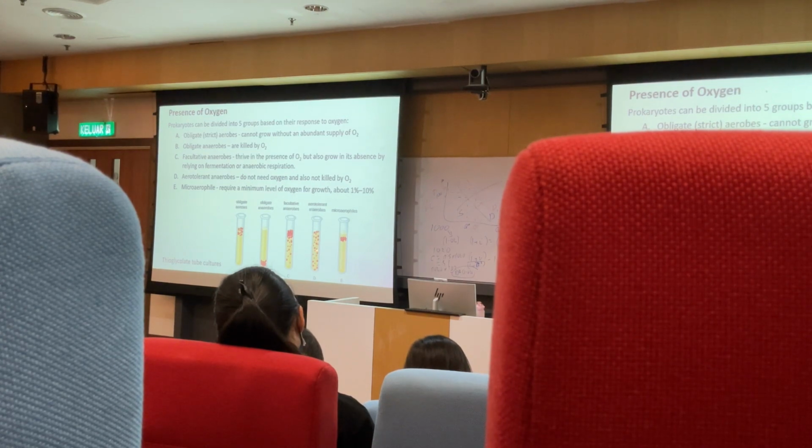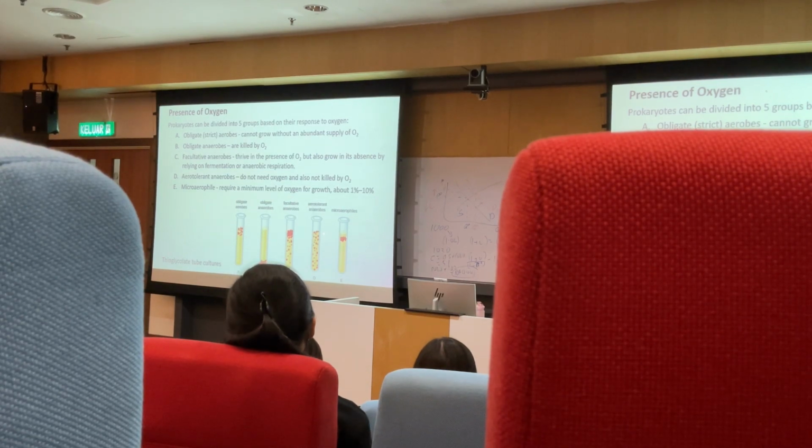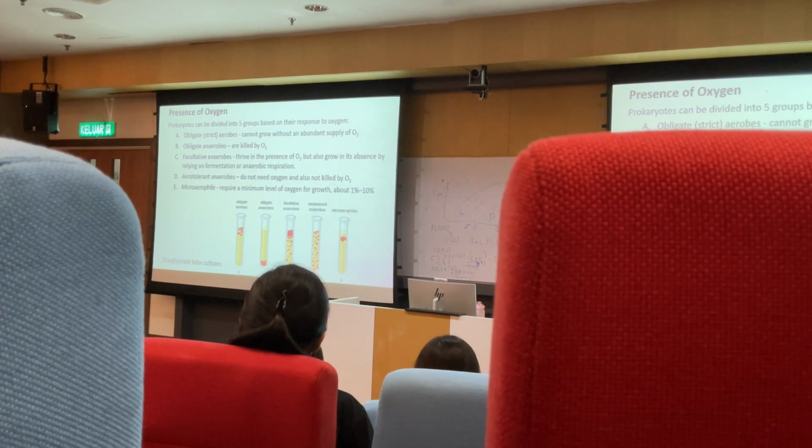So you found them growing everywhere in the tube. And you see the difference between this and this? One is using oxygen, the other one is not using oxygen, but both are comfortable with the presence or absence of oxygen. The last one, microaerophile.